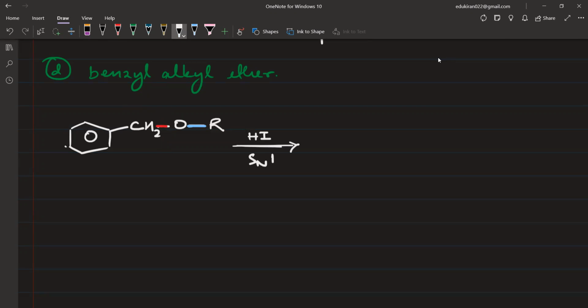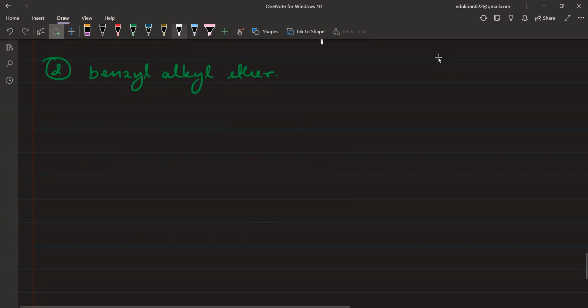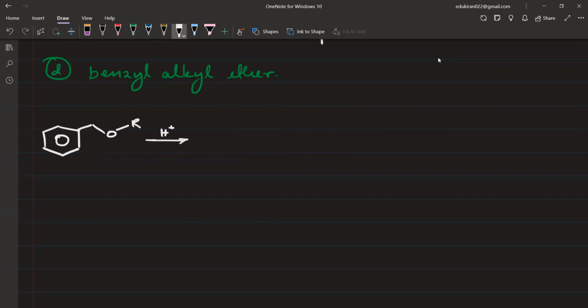Should I write the whole thing? Wait a second, let me write it. So this is the benzene ring, oxygen, and some R group. First of all, H plus will be there. This H plus will be attacked by the oxygen atom. Oxygen and then the R group here. This oxygen also has hydrogen and a positive charge.